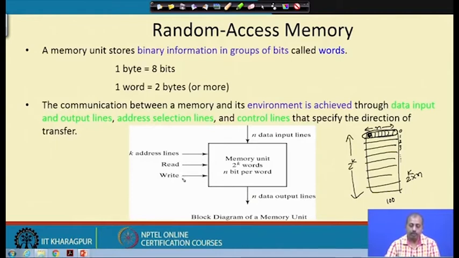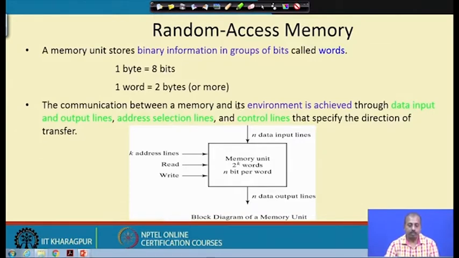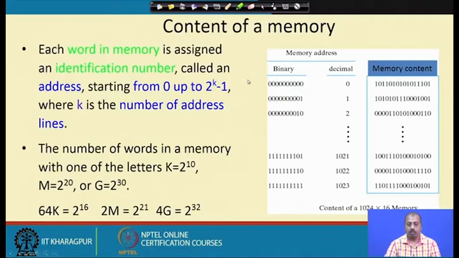On the other hand, if you are doing a write operation, whatever value is available on the n data input lines will be stored in the corresponding location. The control lines, read and write, specify the direction of the transfer. This is the idea of the basic random access memory.